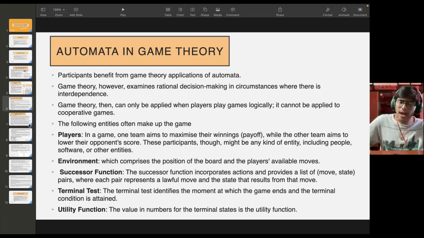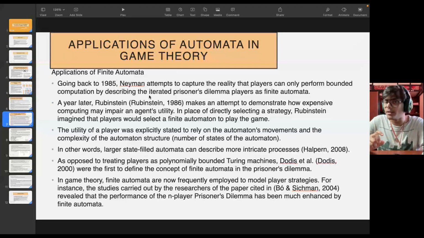Going back to 1985, Neyman attempts to capture the reality that players can only perform bounded computations by describing the iterated prisoner's dilemma players as finite automata, right? A year later, Rubinstein in 1986 makes an attempt to demonstrate how expensive computing may impair an agent's utility.